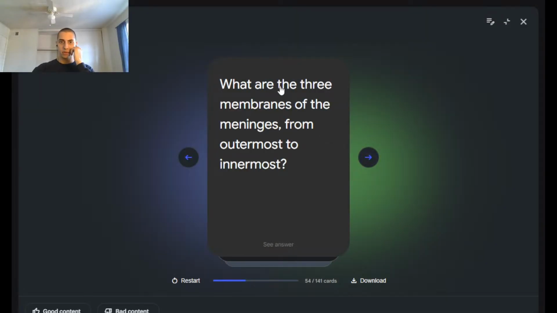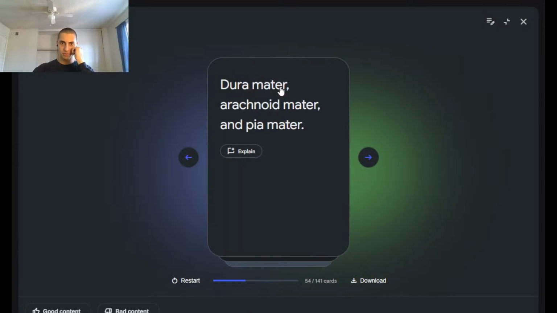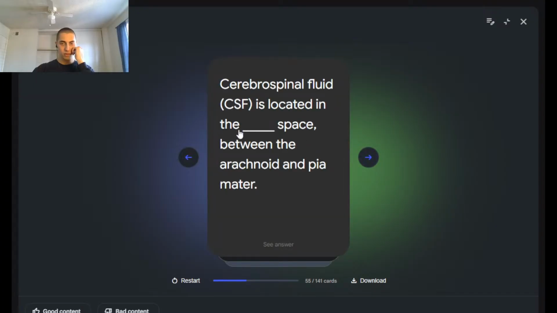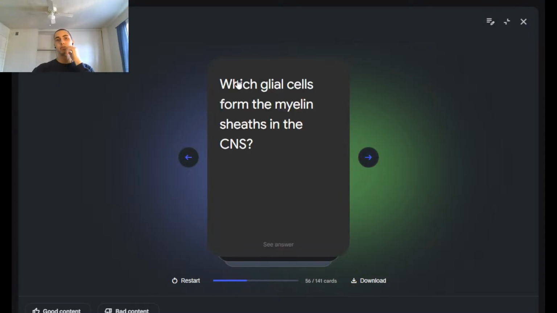What are the three membranes of the meninges from outermost to innermost? Dura mater, arachnoid mater, and pia mater. Cerebrospinal fluid is located in the space between the arachnoid and pia mater. Subarachnoid space. Yeah.